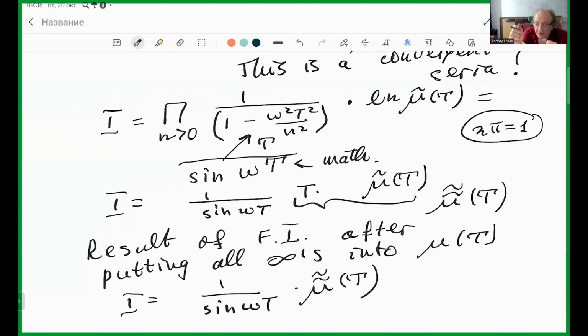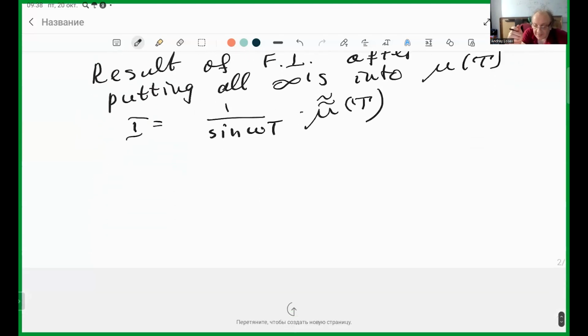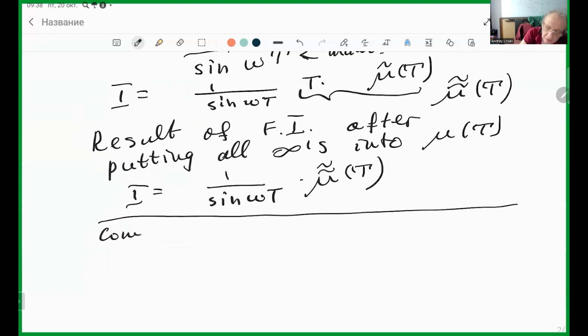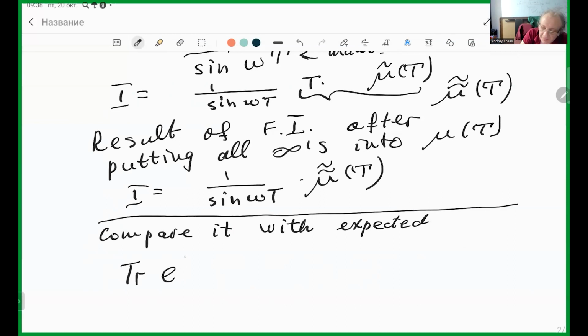Now let us compare it with the expected trace of e to the minus iHT.